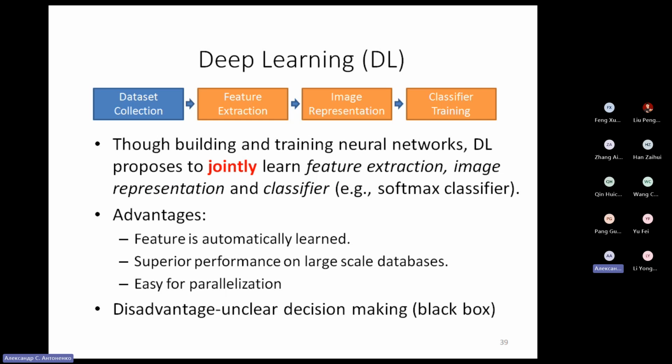Its big disadvantage is that it definitely works, we can evaluate that it works well, but we don't know how. We know how SIFT features work, but we don't know how these features in deep learning work. We can try to visualize and evaluate them, but it's very hard.